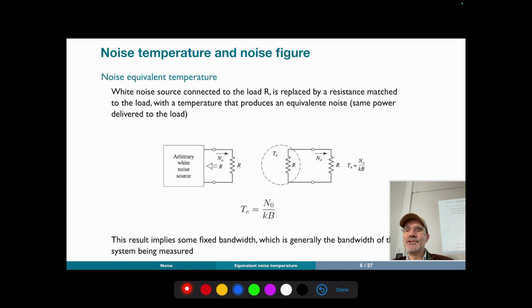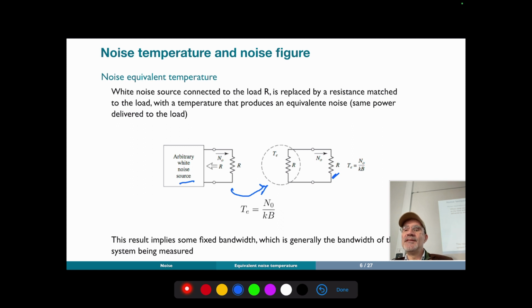Okay, so we go from this diagram to this one on the right, where we replace the white noise source by an equivalent resistor, which generates the same amount of noise. Okay. And the resistance is chosen so that it is matched to the load, so it has to be the same value as the load, as shown here.